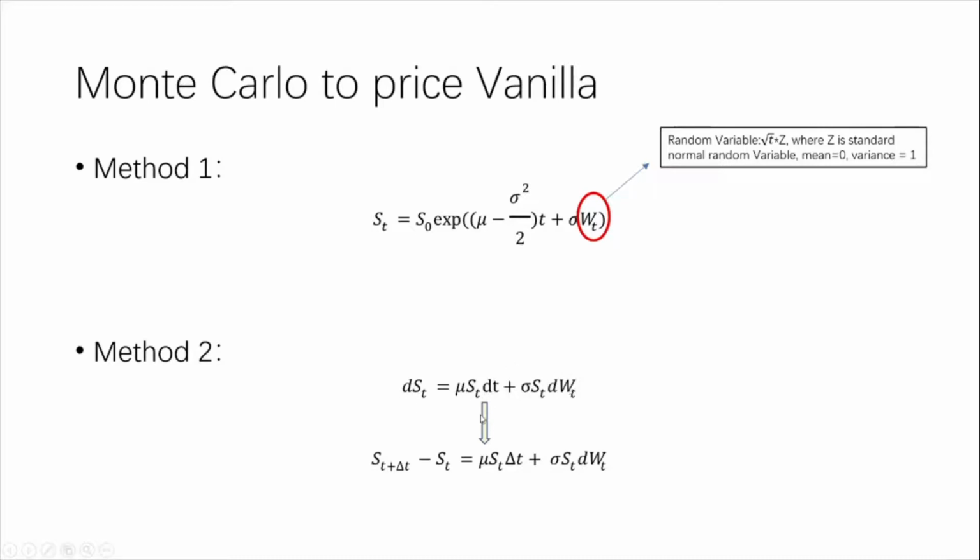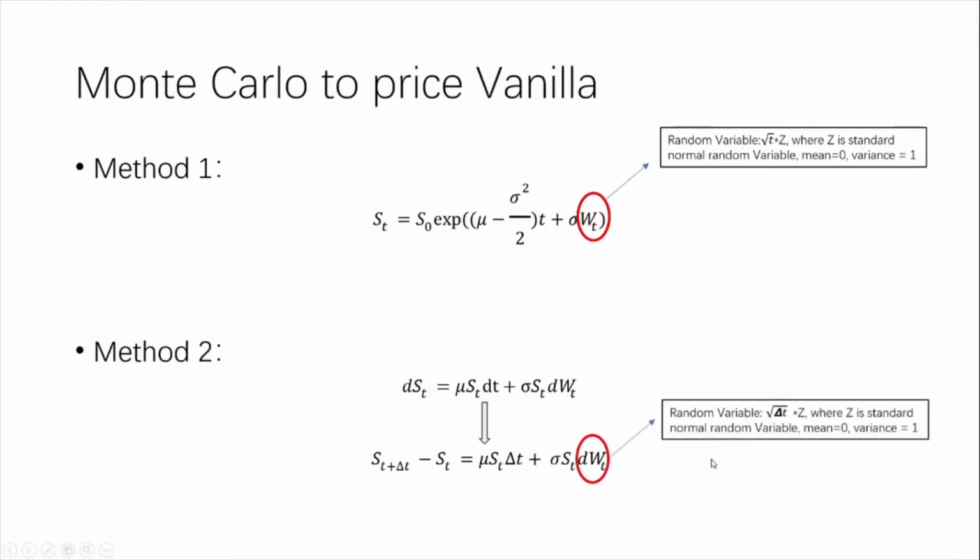You can discretize it directly: S(t plus delta t) minus S(t) for dST, mu ST delta t for the drift, plus sigma ST dWT. Here the random number is dWT. It has the same distribution as square root delta t times Z, where Z is the standard normal random variable.